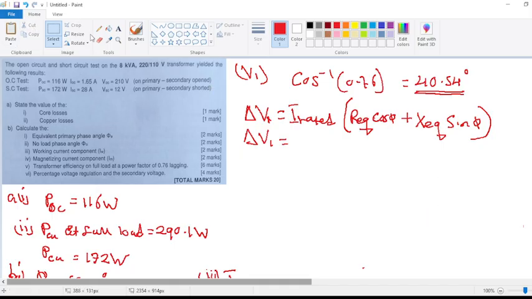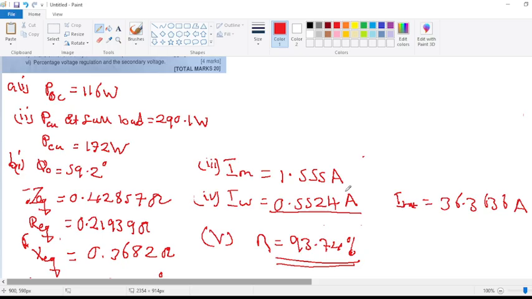Okay, so now since we know the rated current as 36.3636 amps, the equivalent resistance here we had 0.2193.